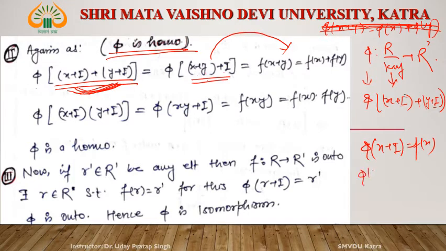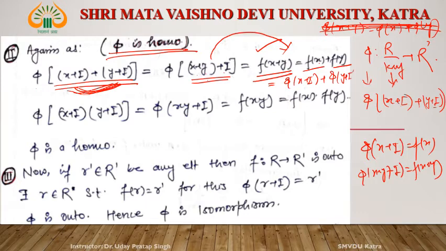So phi of (x + y + I) is equal to f of (x + y), and f of (x + y) is equal to f(x) + f(y). Why? Since this f is a homomorphism. So what is phi of x? f(x) is equal to phi of (x + I), and f(y) is equal to phi of (y + I). Okay.